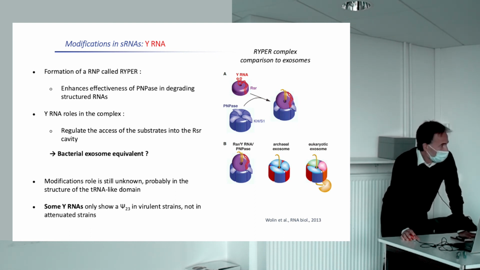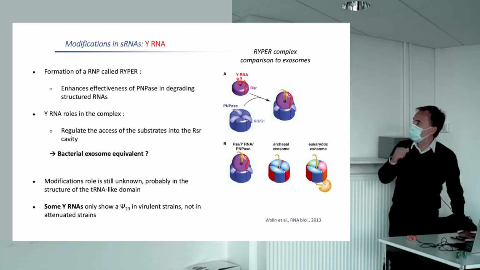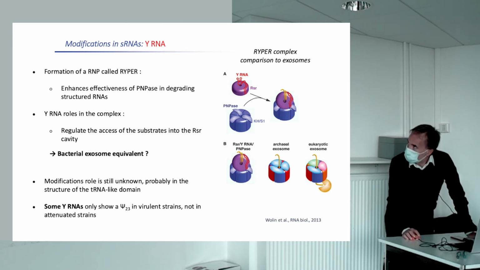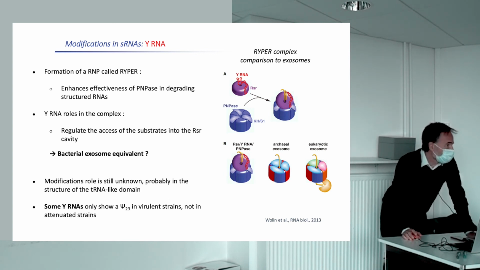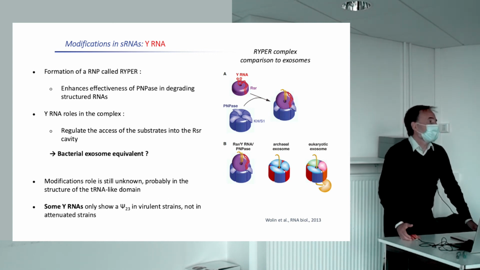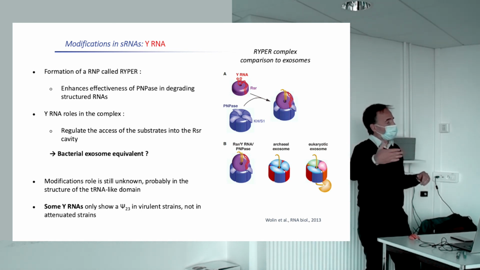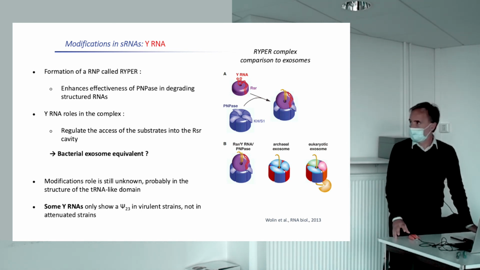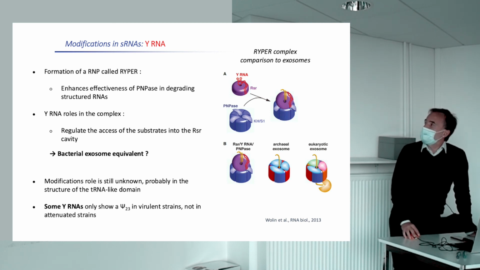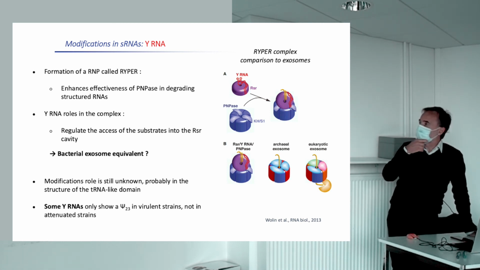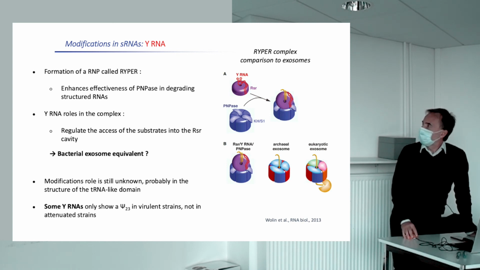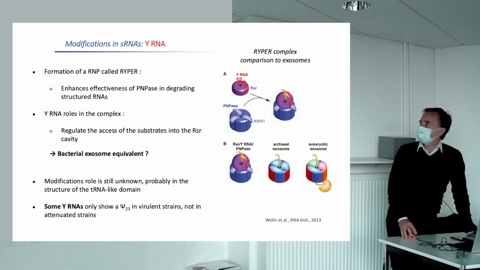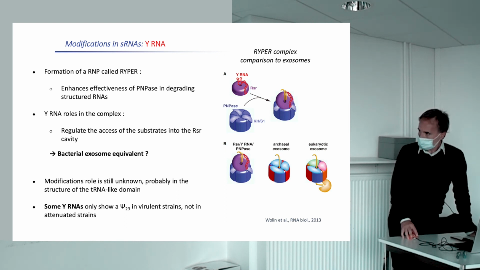This RNA is important for the RNA homeostasis in the cell. So it is inducing degradation of specific target RNA because it is making a complex with a protein, RSR, and with the PNPase, that is an RNase that has a 3' to 5' exonucleolytic activity. Okay, so basically the function of this yRNA is to help this complex degrade the target RNA molecule. Okay. It is modified.